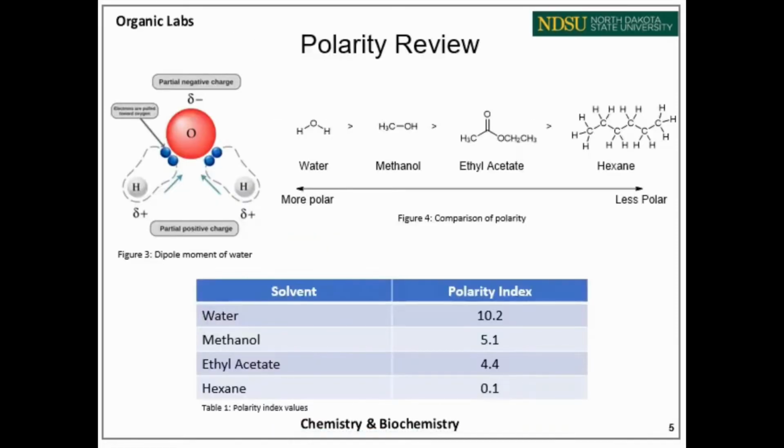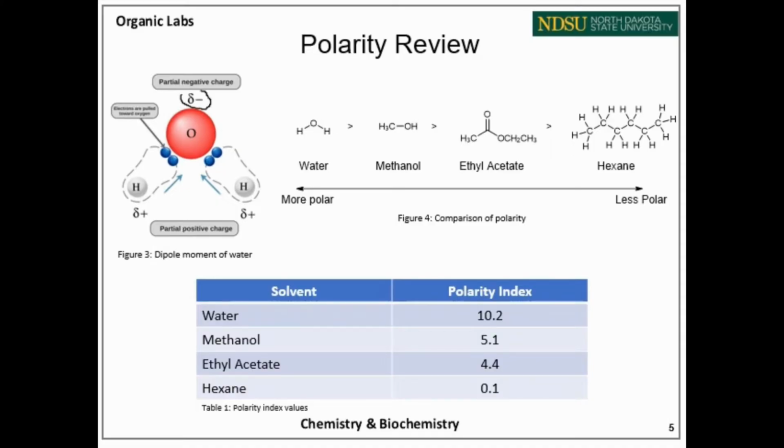Let's take water for example. Water is an example of a polar molecule. It has a polar covalent bond, and what that essentially means is that electrons are not evenly distributed in that bond. Oxygen, being the more electronegative atom, is going to be carrying a more bulk of the electrons than the hydrogen area.